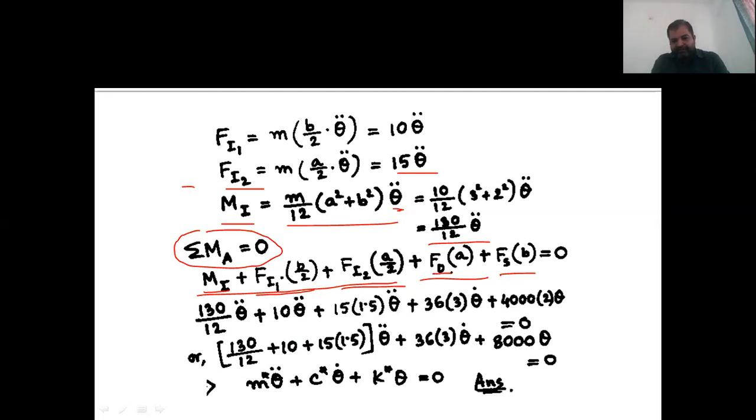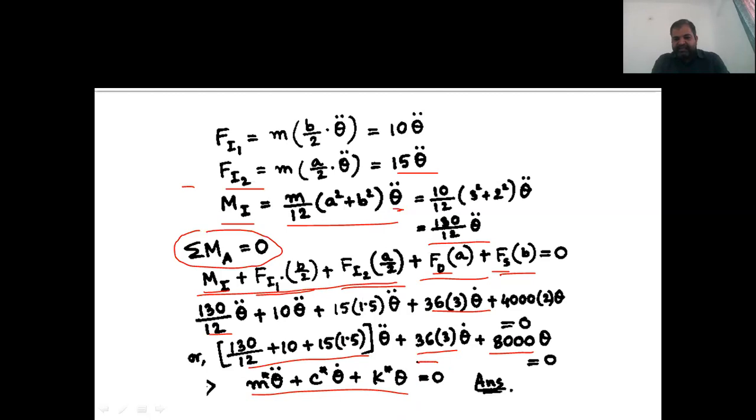Similarly, put the values of fd and fs, and the value of a. Take these three terms, theta outside, then you will get this term. Then this is the C term, and this is your K term. If you relate this with the general equation of motion, you will get the m star value, which is this, the C star value, which is this, and the K star value, this.